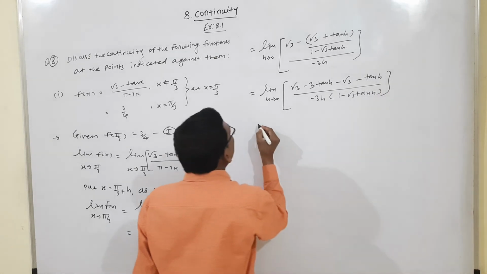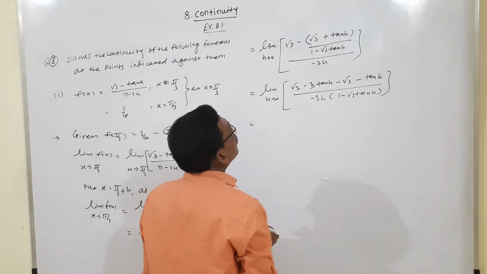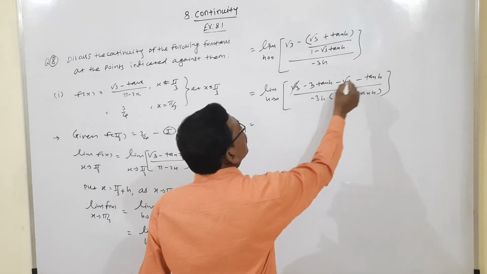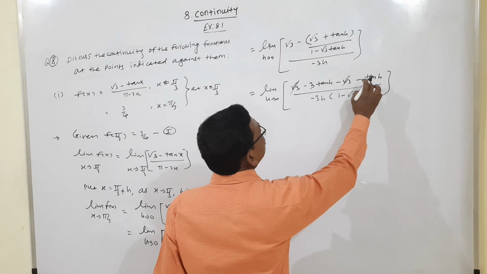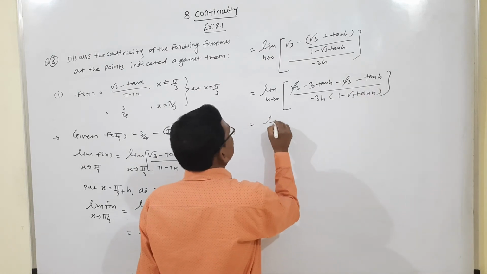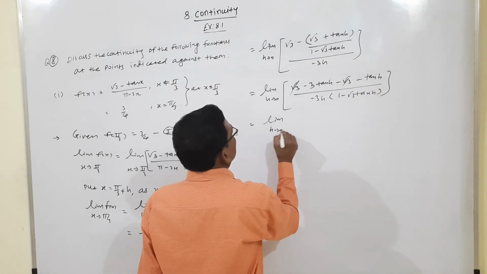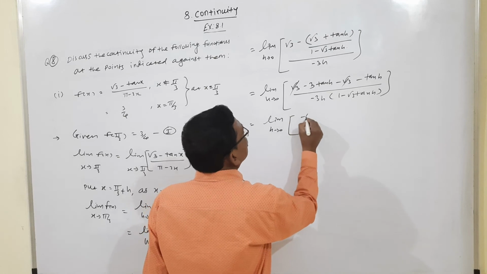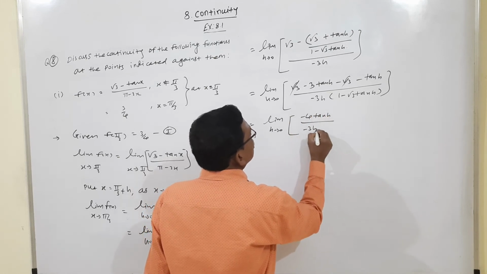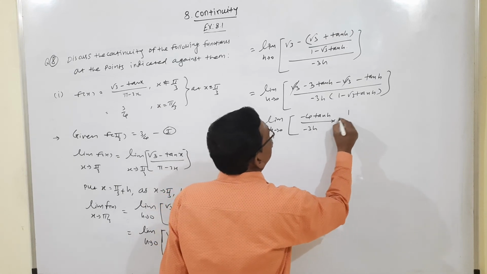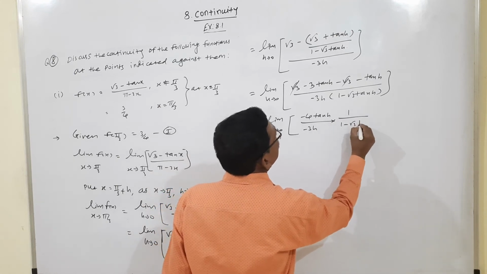So plus root 3 and minus root 3 will get cancelled, and 3 tan h minus tan h is minus 4 tan h, divided by minus 3h into 1 upon 1 minus root 3 tan h.